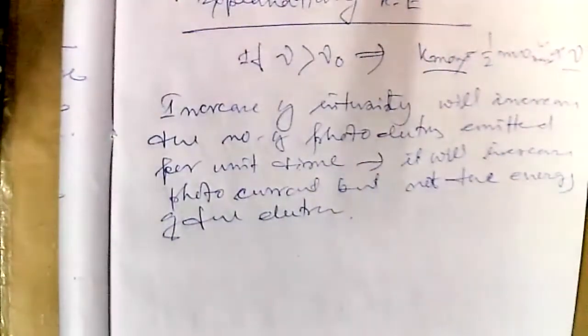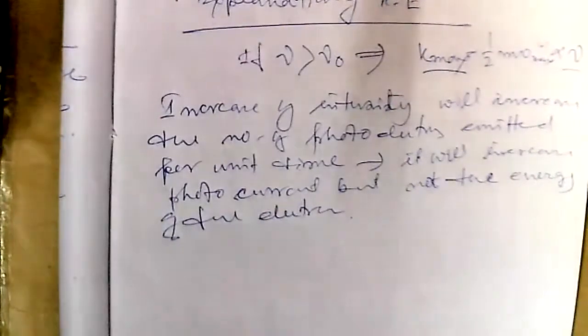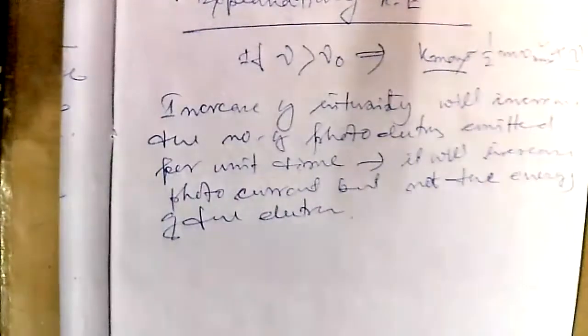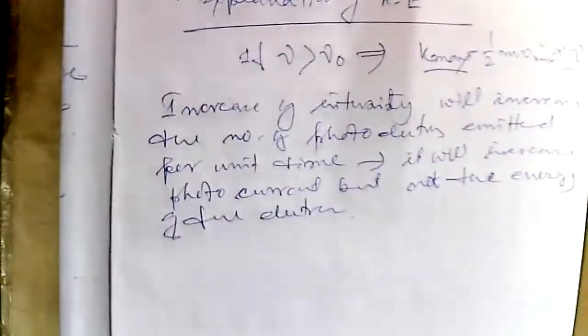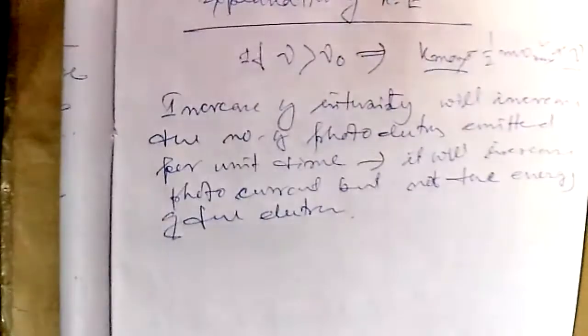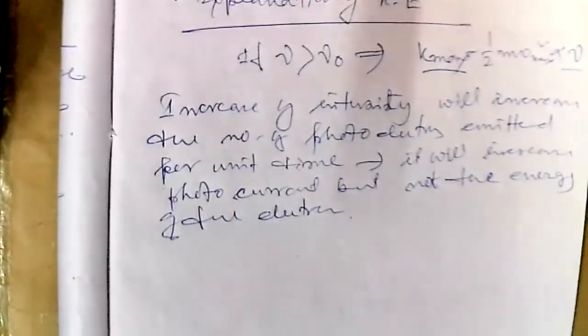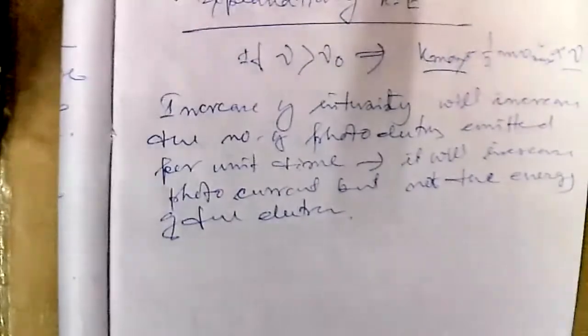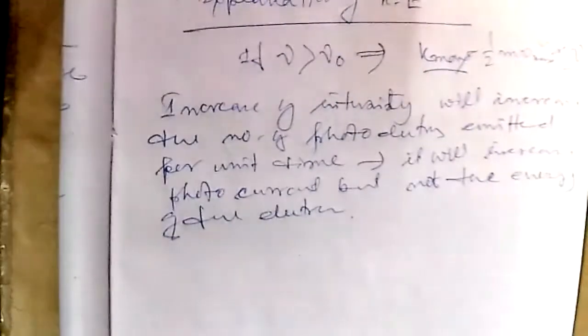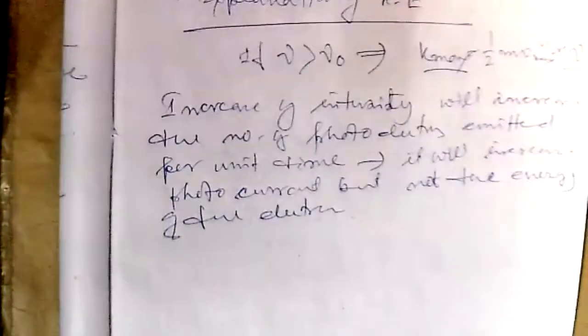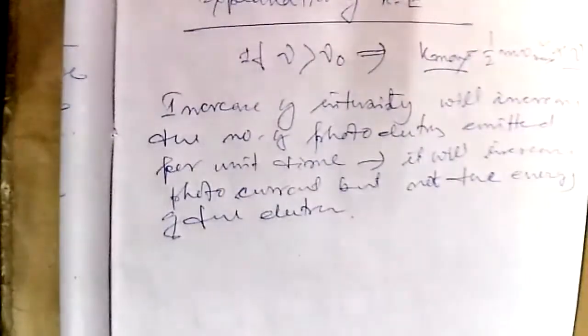Intensity has no effect on the energy of the electron. It can only increase the photocurrent, that means the number of emitted electrons per unit time. But the energy of the emitted electron does not depend on the intensity, it depends on the frequency.